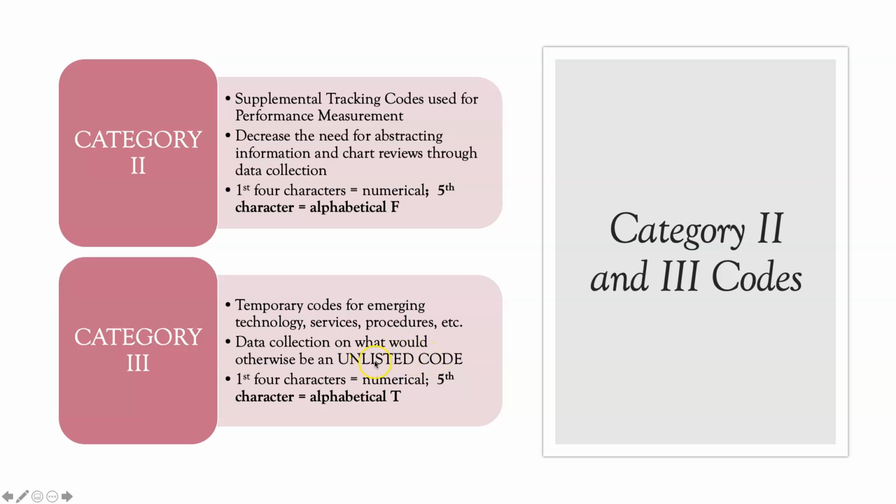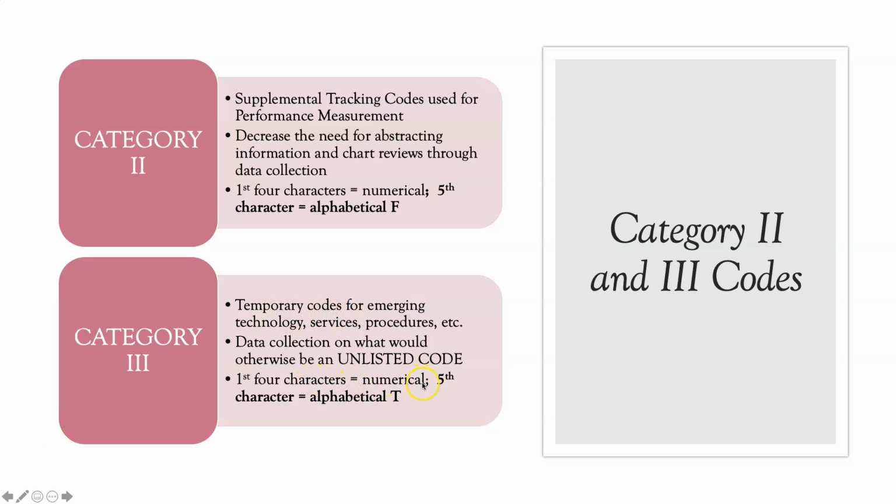If they fall under an unlisted code enough, a lot of times they will create a Category 3 code for these items to be able to track the volumes and what's going on with these procedures, where they're performed. And that way, then they can decide if they're going to give them a permanent CPT code. These are just temporary codes.